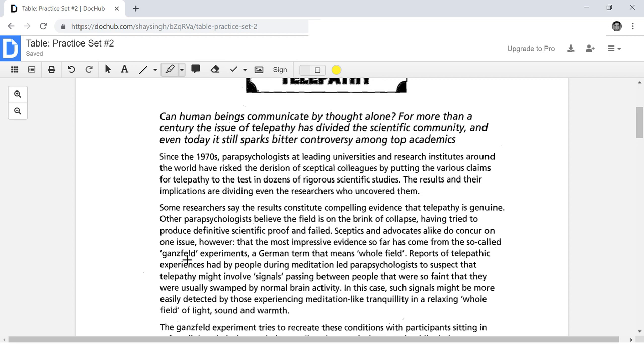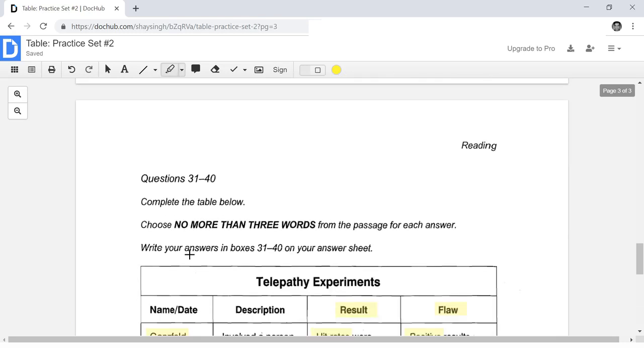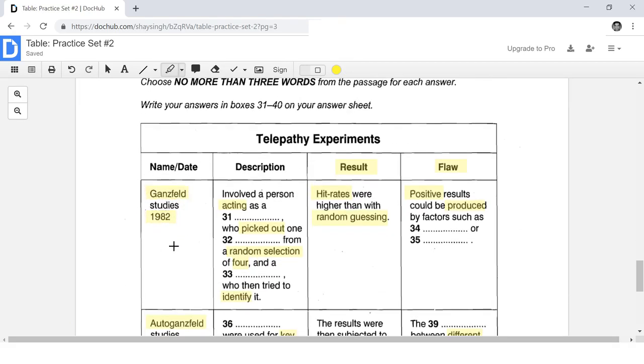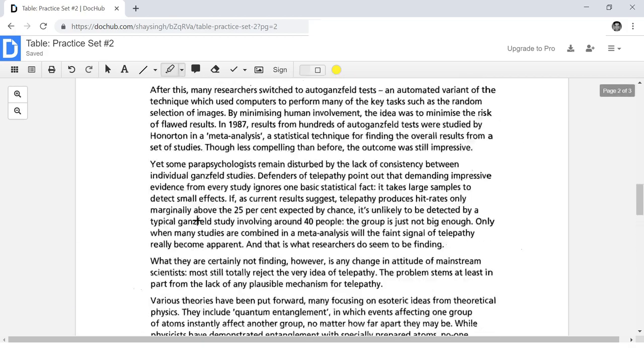Even though this is one of our keywords, I'm not going to mark it because I'm looking for the word Ganzfeld along with another keyword, which is 1982. So my answer is going to be where I find both pieces of the information together. So I'm not just looking for Ganzfeld, I'm looking for Ganzfeld studies carried out in 1982. So I want to see both of those keywords.